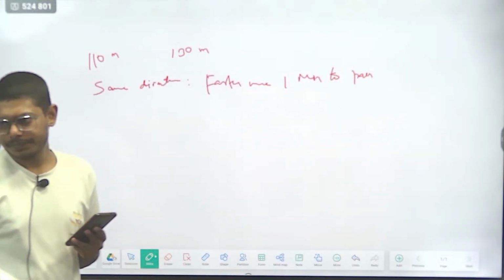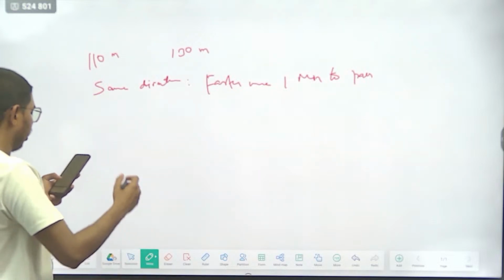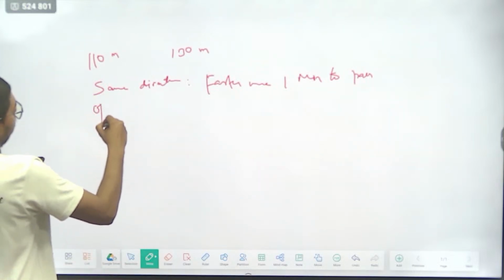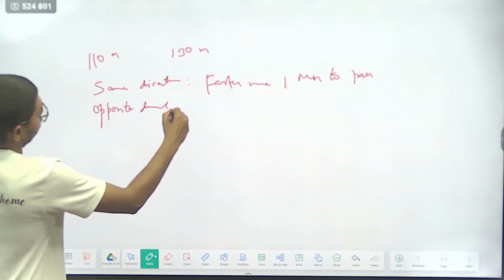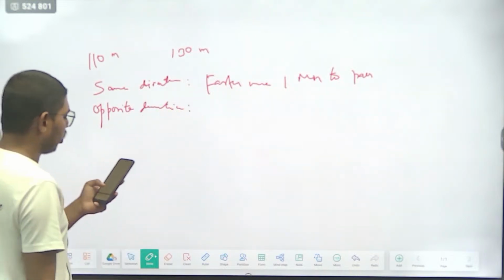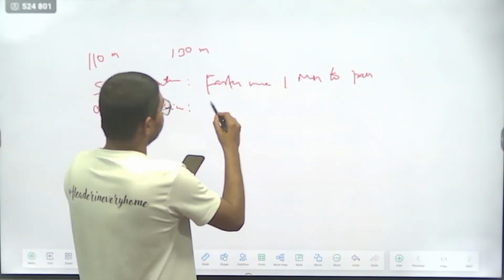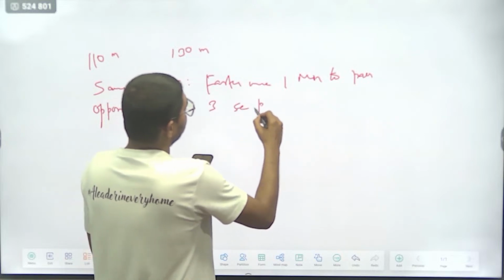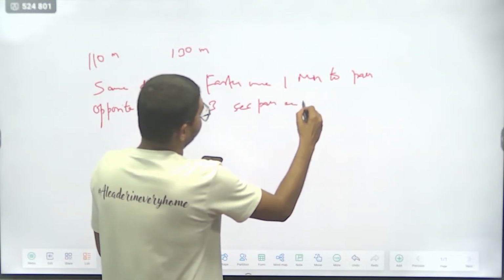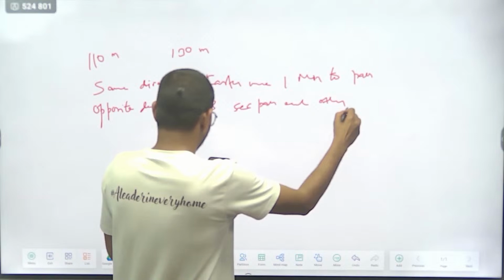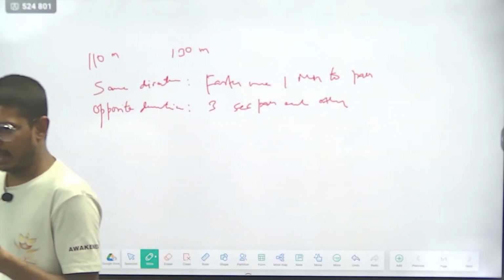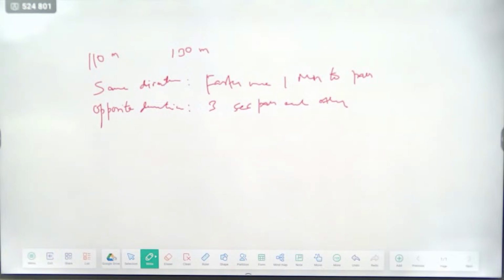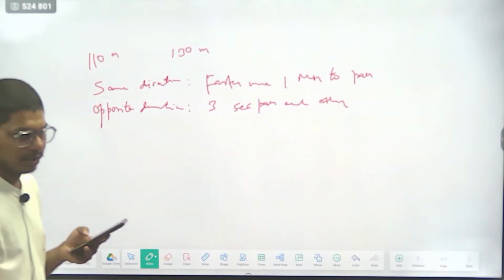Now if they move in the opposite direction, it takes 3 seconds to pass each other. Then you have to find the speed of train A and the speed of train B. Yep, Diwakar. So what do we find? The speed of each of these trains.